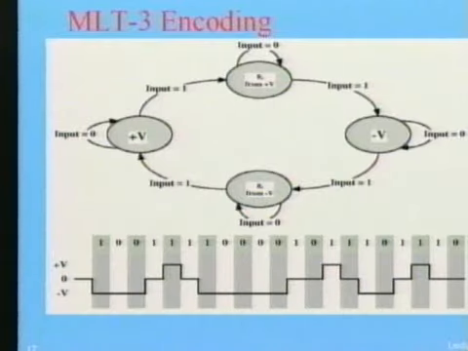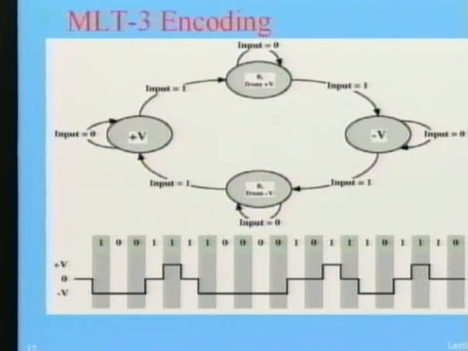Ternary. 3 levels. Okay. What is the rule of going from 2 to 3? That's the one that you have in here. It's called MLT-3 encoding. Again, MLT-3 coding is used for what? Used for only wire, not for the fiber.